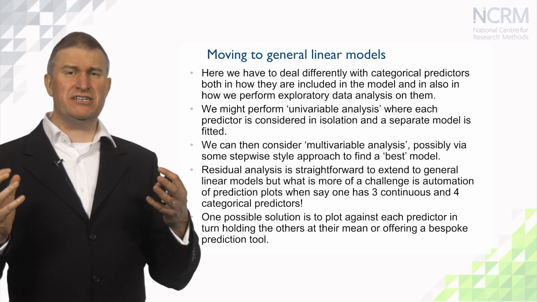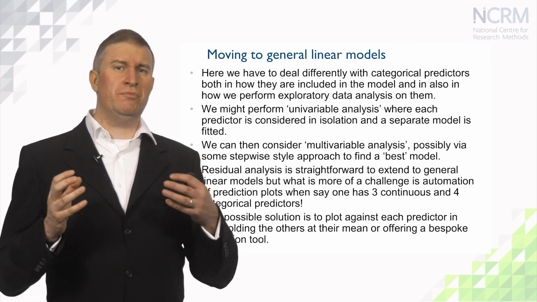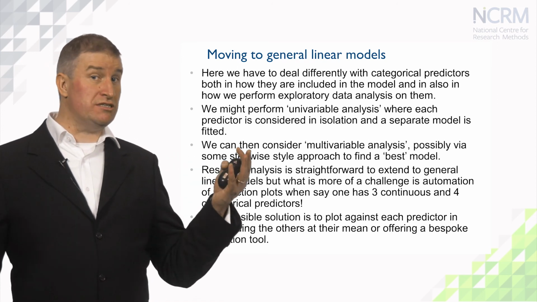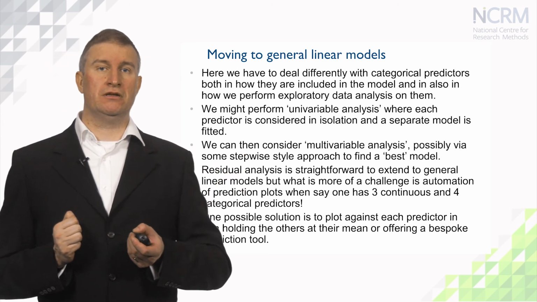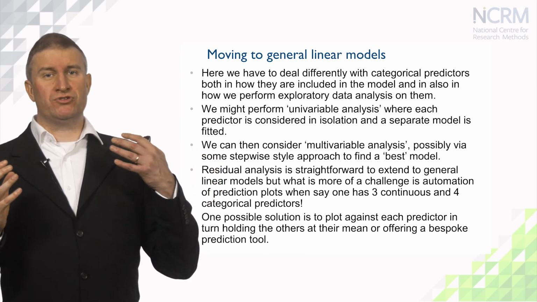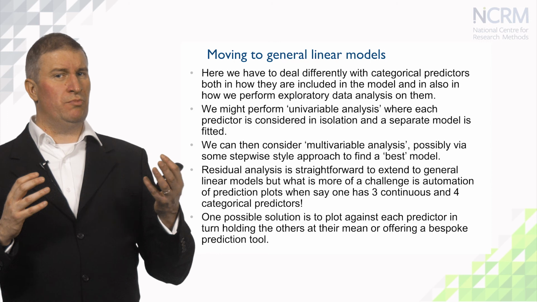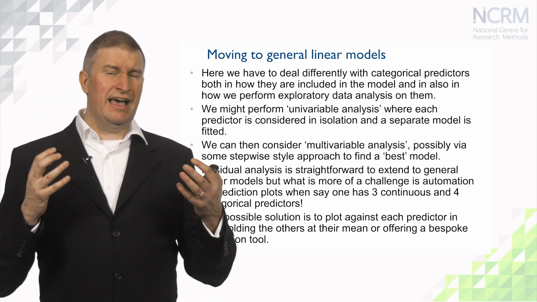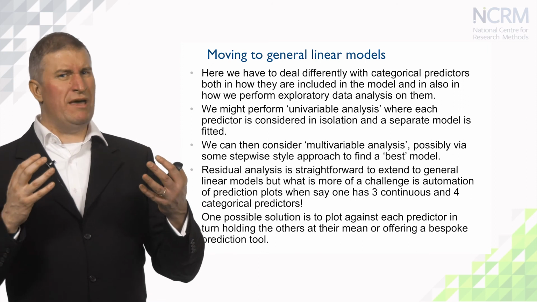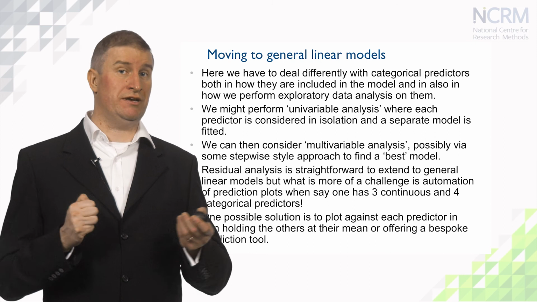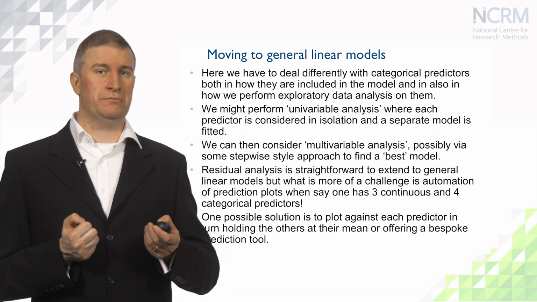A linear regression is a fairly straightforward model, but what about extensions where we have more predictors or predictors of different types? We might look at each predictor individually before trying to find a best model. This would be a much larger SAA, and finding a best model may involve some sort of stepwise procedure to select between competing models.